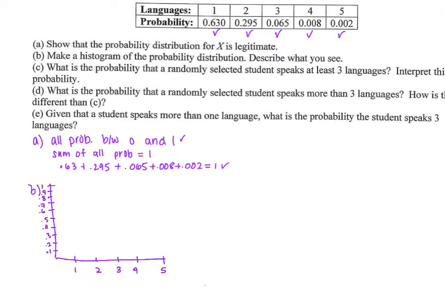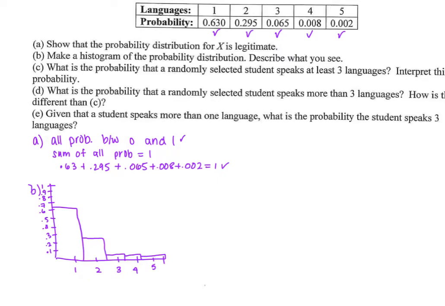The probability that a randomly selected person speaks 1 language is 0.63. So there's the first bin. The next one is 0.295. The next one is 0.065. Then 0.008, which is even smaller, and 0.002, which is almost 0.